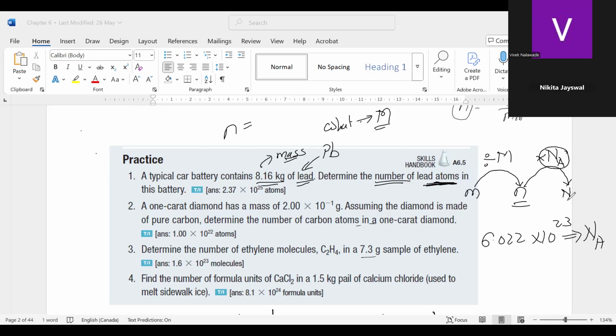Is it 2.37 times 10 to the power of 25? That's the answer, yes.